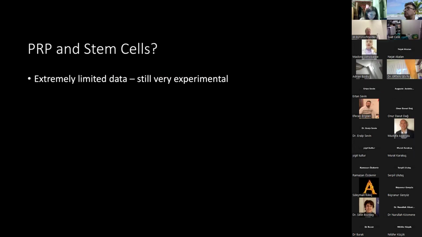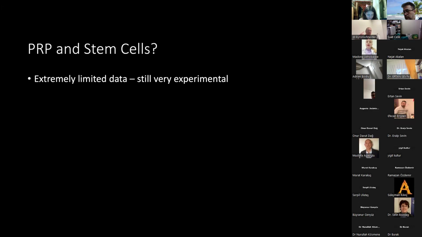In fact, as far as I know, there's only one research group out of China that looked at doing PRP or stem cell injections in the low back, and then a separate group looked at PRP injections in the cervical spine. And those are the only 2 research studies that have really been published on this topic so far. So maybe there's something here, but we don't know.